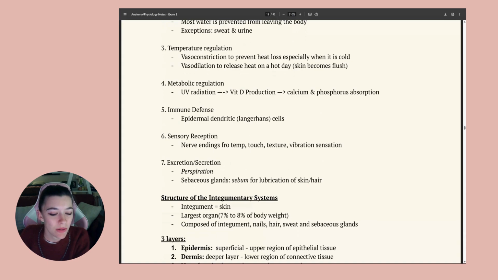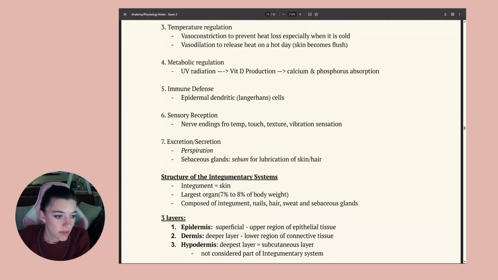Another function is immune defense. This is your Langerhans cells, your epidermal dendritic cells. Sensory reception, those are your Merkel cells. An example of this is your nerve endings for temperature, touch, texture, vibration, sensation, all of those.